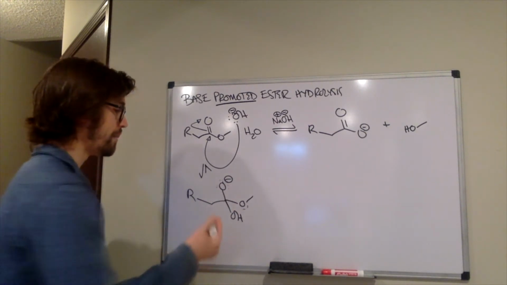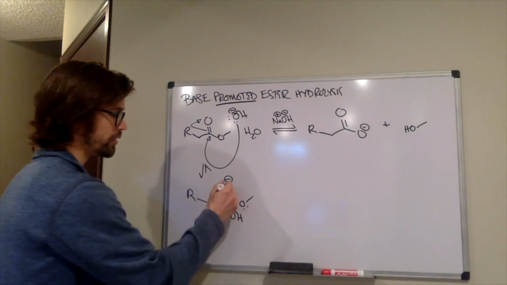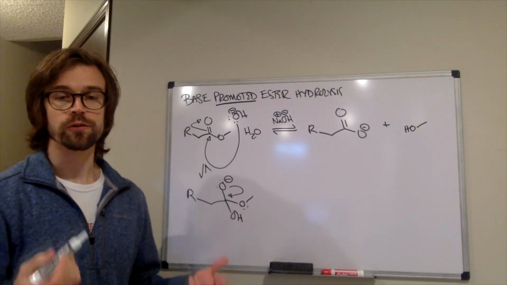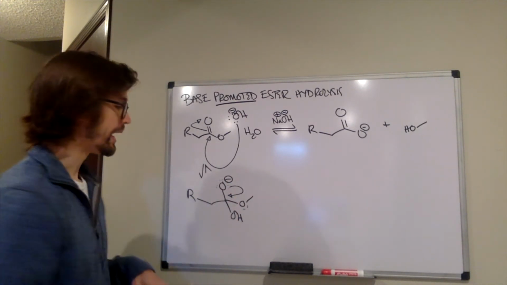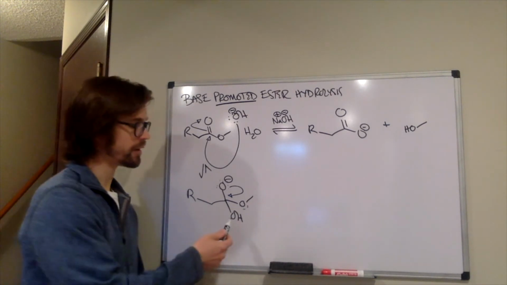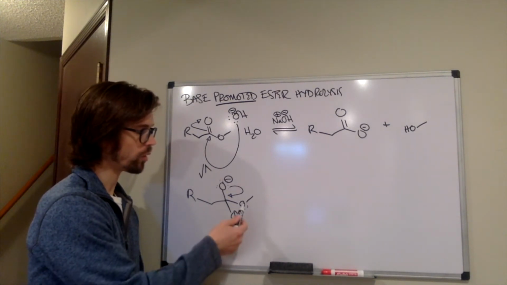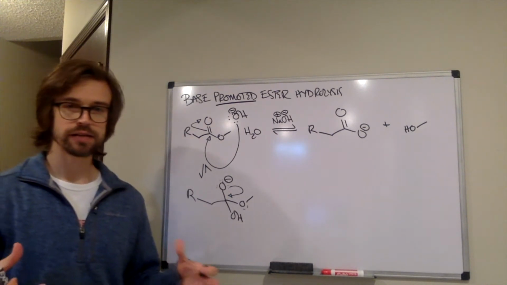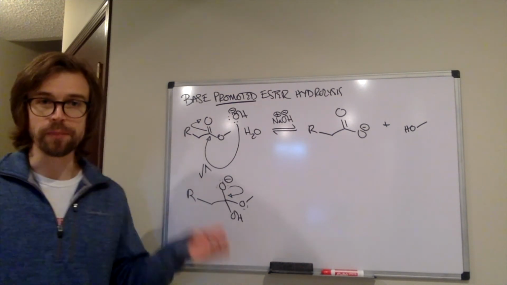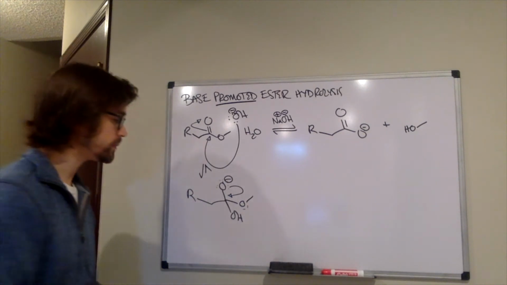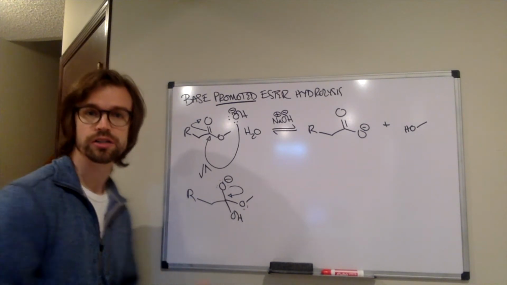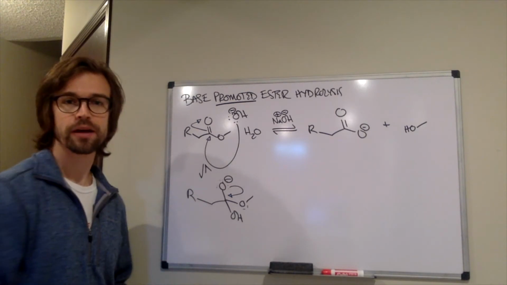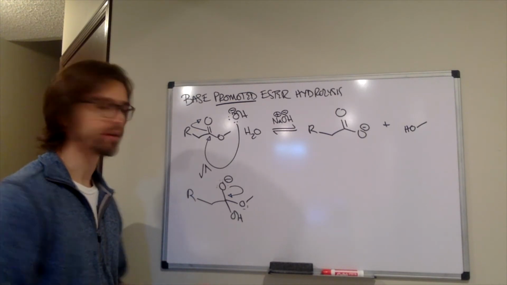Doesn't really matter if it happens or not, but we're forming this tetrahedral intermediate, and those electrons are going to collapse back down to form the carbonyl. And at this point, we have to ask ourselves, well, what's the better leaving group, OH or OCH3? What do you guys think? Take a minute. Yeah, they're about equal, right? They're both negatively charged oxygen molecules, so they're going to happen with about the same probability.